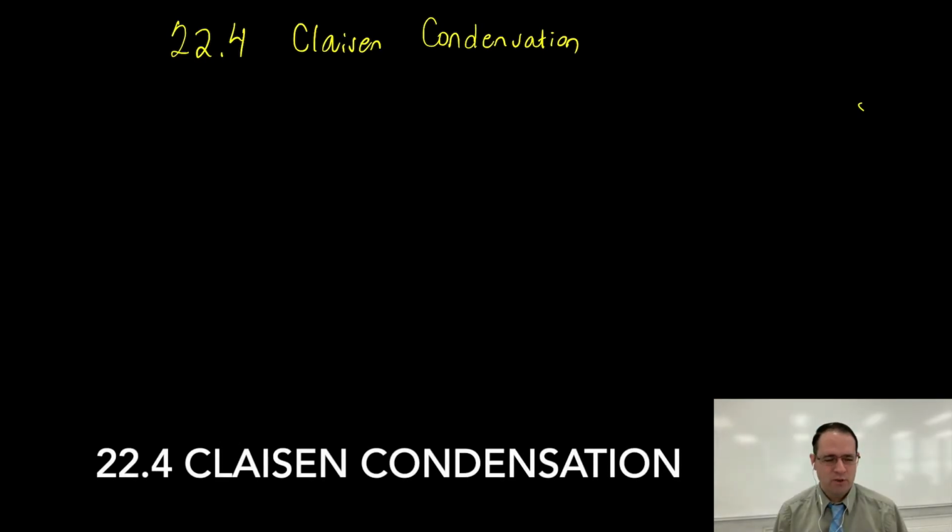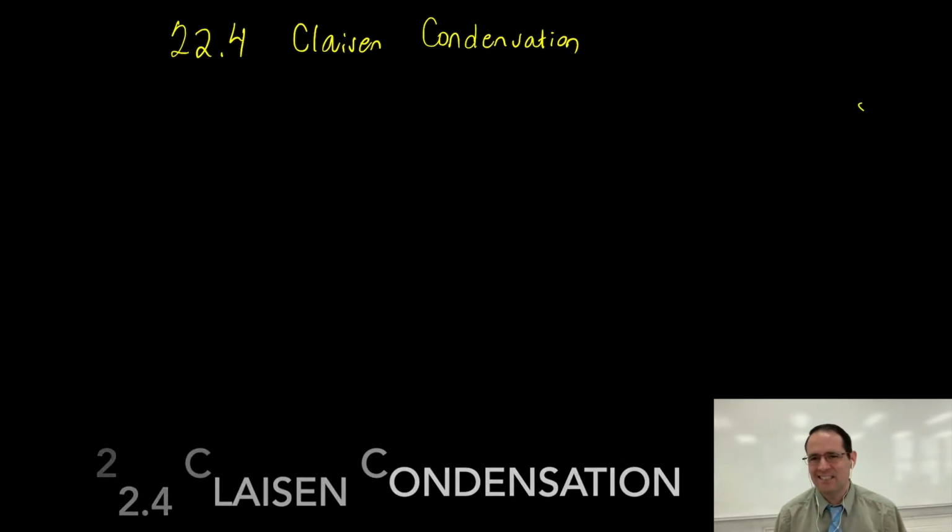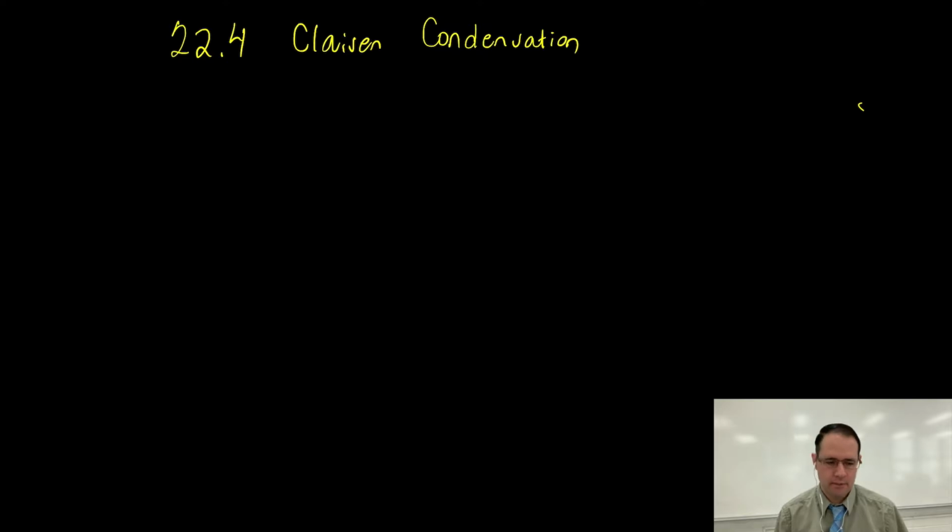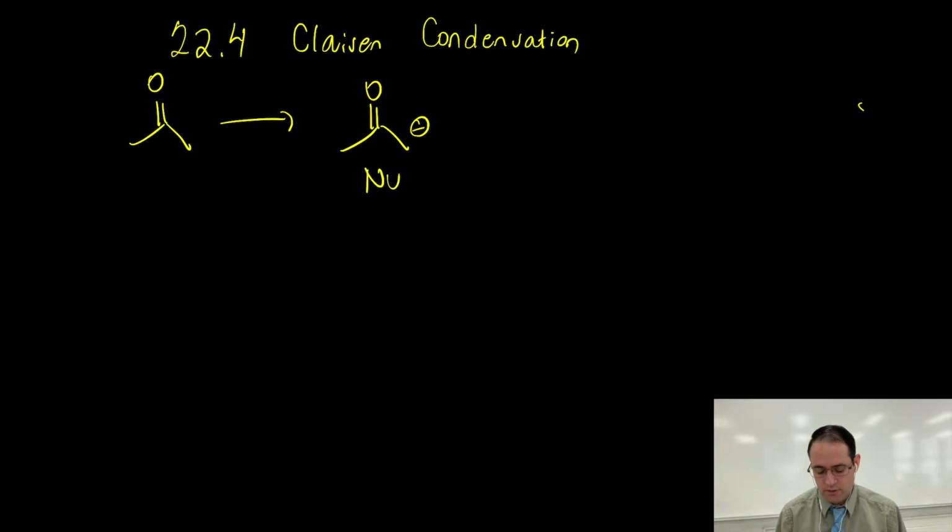Section 22.4 talks about the Claisen condensation, however you think about this. Now, let's review a little bit about what's going to be happening here, okay? Remember that we can transform ketones into enolates, which are therefore nucleophilic, okay?